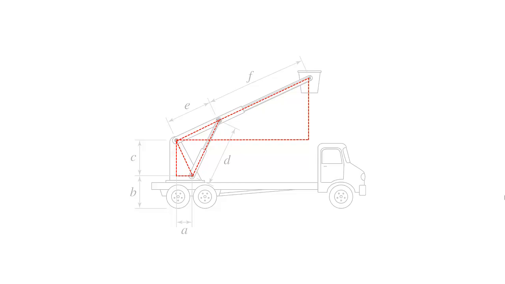The key here is solving one triangle in order to find the missing information for an adjoining triangle, and then you will be able to calculate your angles so that you can find the final piece of information, which will be that vertical component that we're searching for.